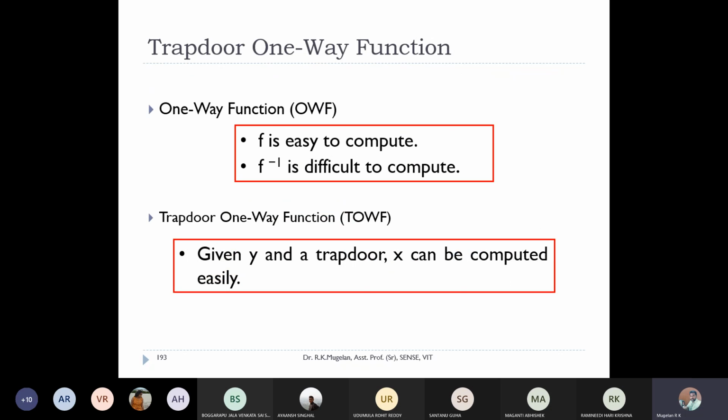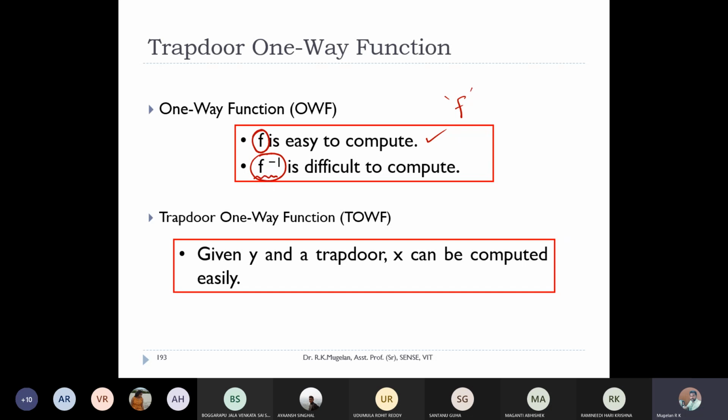Right. So if you are setting a function f that is very easy to compute, then it is a one-way function. And you are making f inverse very difficult to compute. For example, if f is a very simple function directly known to the receiver, then he can get the data back. Suppose you are giving an f inverse which is difficult but possible, then also he can compute the inverse.